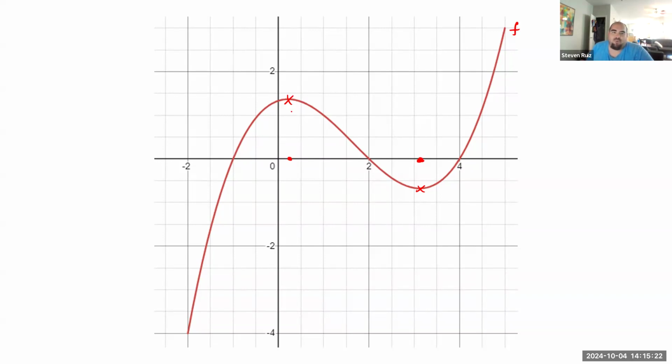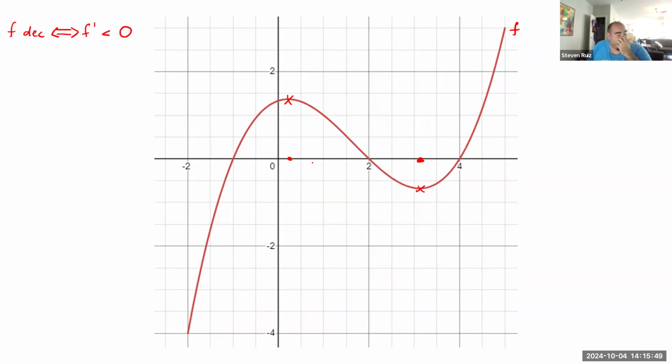So what's happening between those 2 points? Is the function increasing or decreasing? I can see that it's decreasing the entire time here. So what does that mean for the derivative? If function f is decreasing, I'll make some notes here: f decreasing is equivalent to f prime being a negative number.